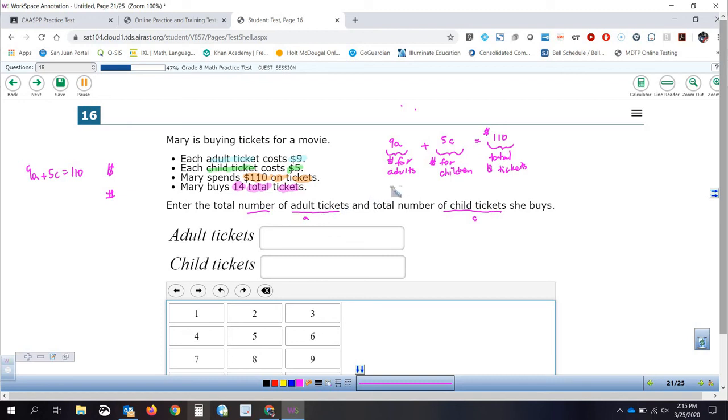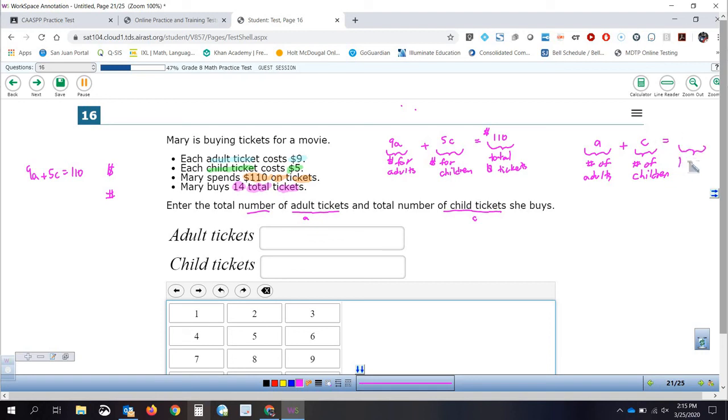The number of adult tickets she bought was A, plus the number of children's tickets that she bought is C. And what would this represent then?